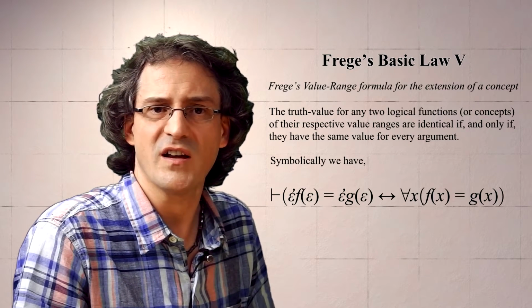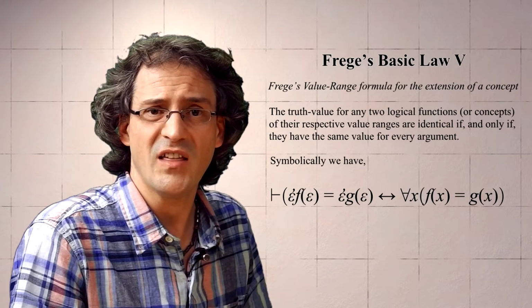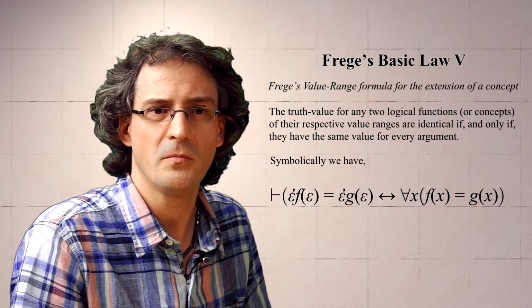If we restrict to the value ranges as arguments of mappings, then this seems perfectly plausible. However, it is possible to prove a strong theorem of class membership, which Russell showed can lead to a contradiction, namely the so-called Russell paradox, since it can be applied to the property of sets that are not members of themselves.